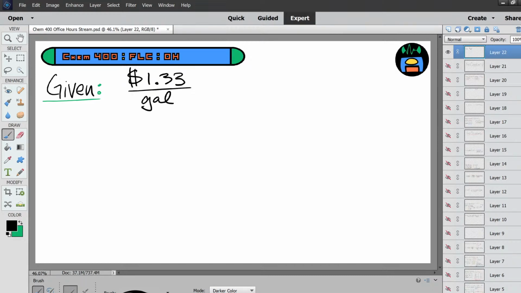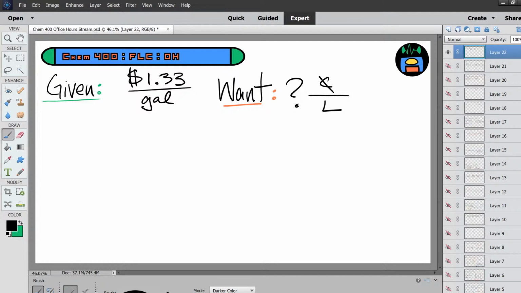Holy moly. That is just unreal. And we're asked, what would the cost be, we want to know how many cents per liter.